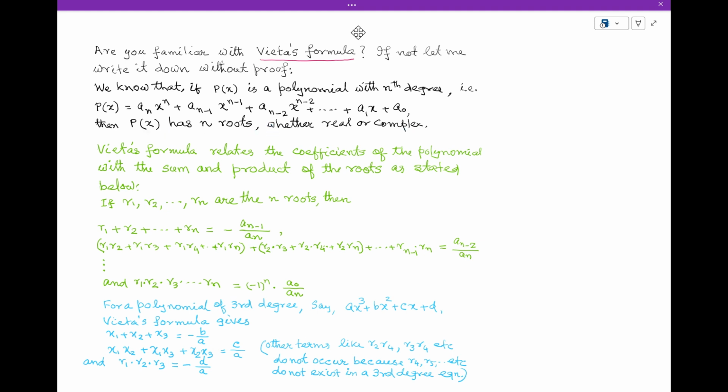Vieta's formula relates the coefficients of the polynomial with the sum and the product of the roots as stated below.